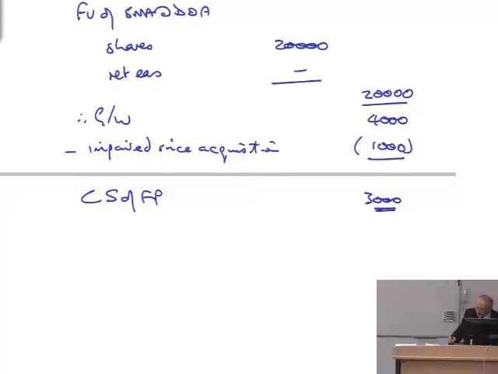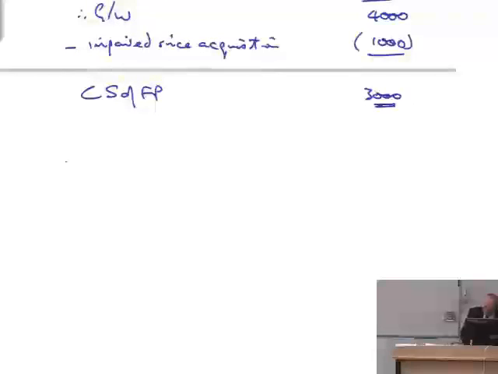That's working 2. Working 3. Consolidated retained earnings. Now Stratton Dynus.